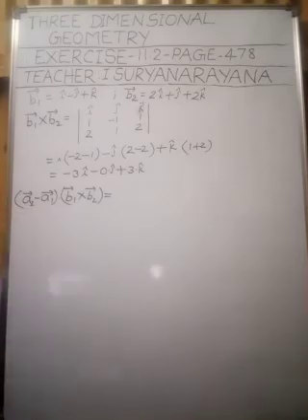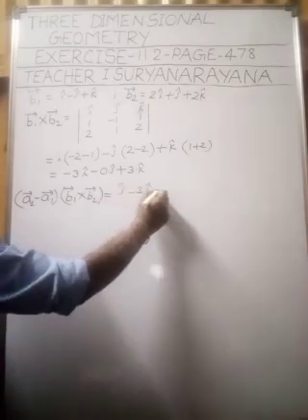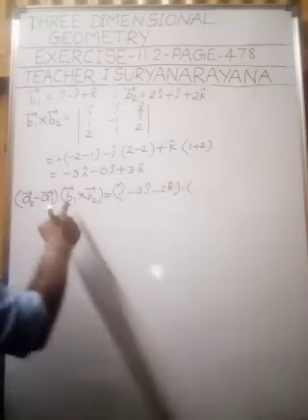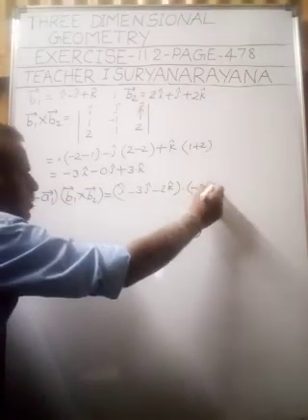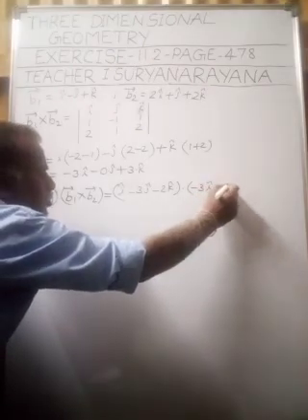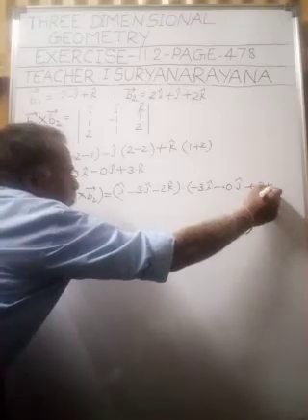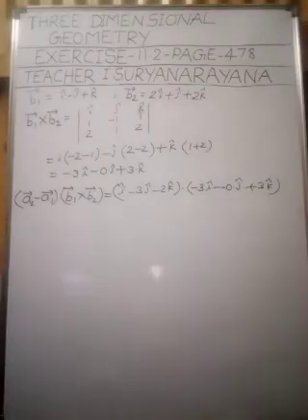We have already found I cap minus 3J cap minus 2K cap dot B1 bar cross B2 bar, minus 3I cap minus 0J cap plus 3K cap. So here we are finding the dot product of these two vectors.